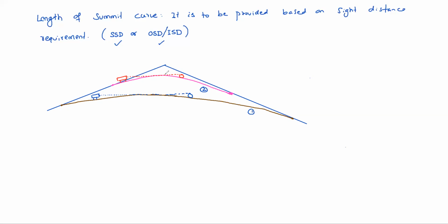If you provide a flat summit curve, you can see a lot of distance, sufficient distance will be available. So you can see the danger if anything is there on the road, and you can control the vehicle. If more and more sight distance is available, then you can go at maximum speeds, with design speed you can travel. Otherwise, if sight distance availability is less, you are forced to reduce the speed of the vehicle.